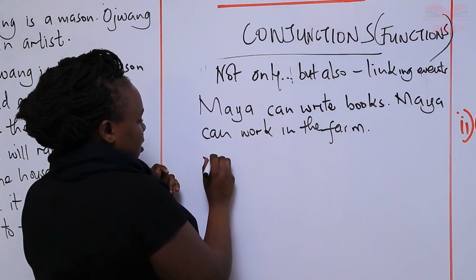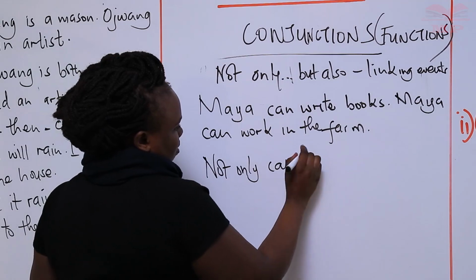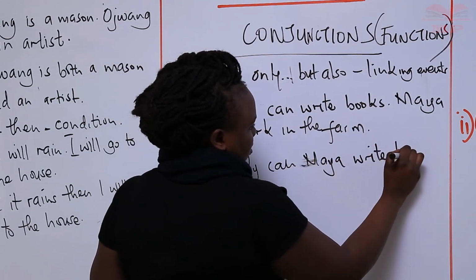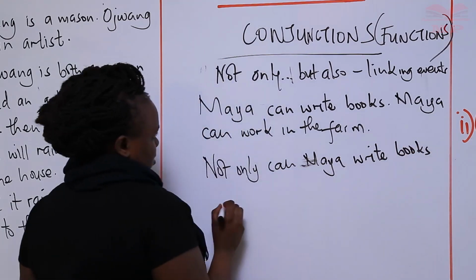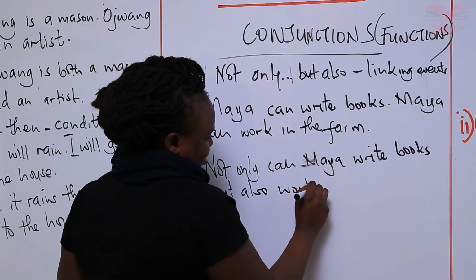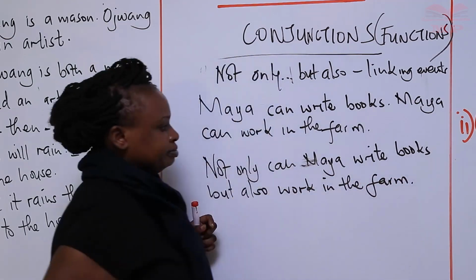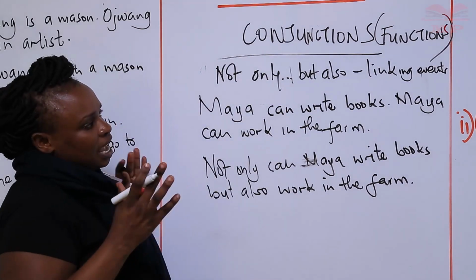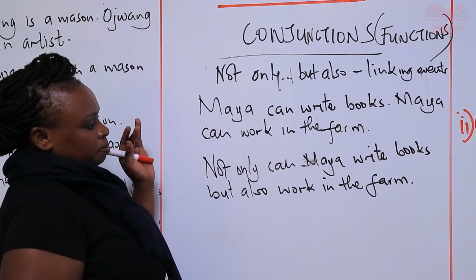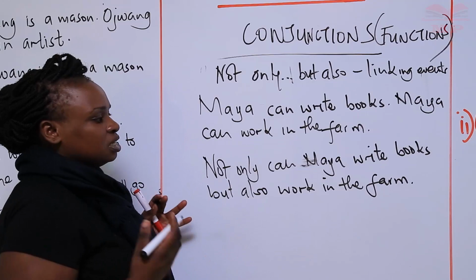So it will be Maya can not only write books but also work in the farm. So again, if you replace, you can still say and and it will still make sense. Either way, it will still make sense.